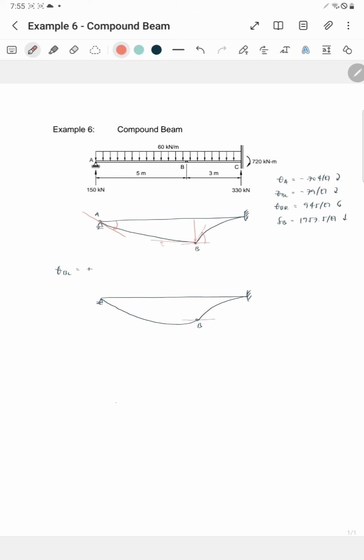Then at B left, we make a tangent line. So, obviously, theta B left is counterclockwise. Therefore, the lowest point would be somewhere in between A and B. So, to solve for the maximum deflection, the lowest point, we will still use maxima and minima.